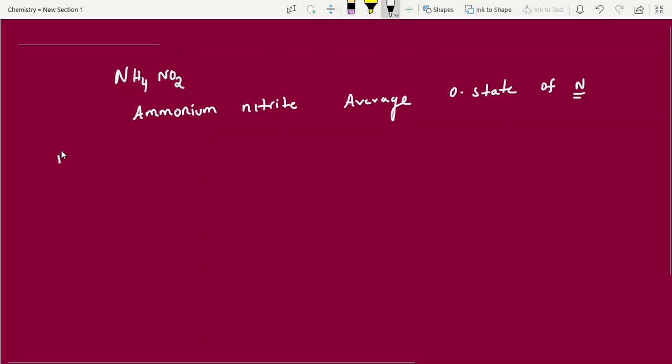Method 1: NH4NO2. If you go for calculation like this, how many nitrogens? 2. So 2x plus 4 into plus 1 plus 2 into minus 2 equals the charge, right? I gave a clear explanation in the previous video.